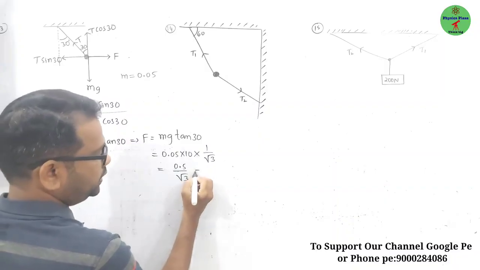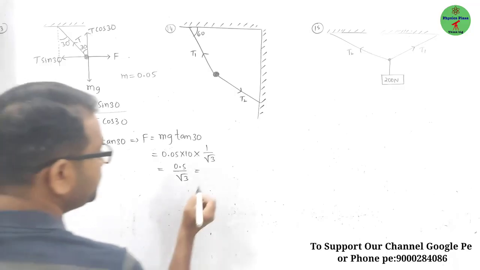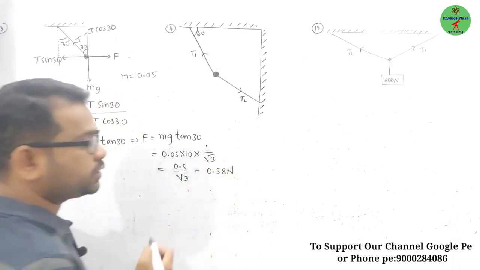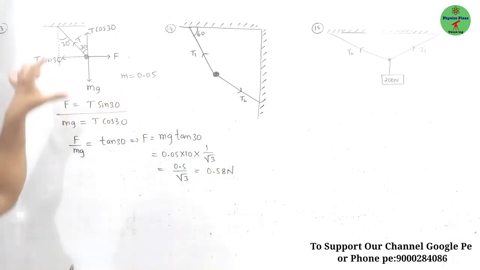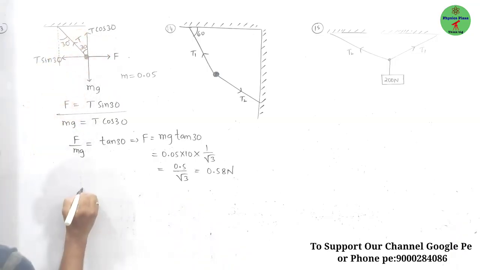If you can simplify this, how much should you get? You should get 0.58 newtons. Okay, fine. Now children, in equilibrium T cos 30 must be equal to mg, right? Yes, let us use that only.